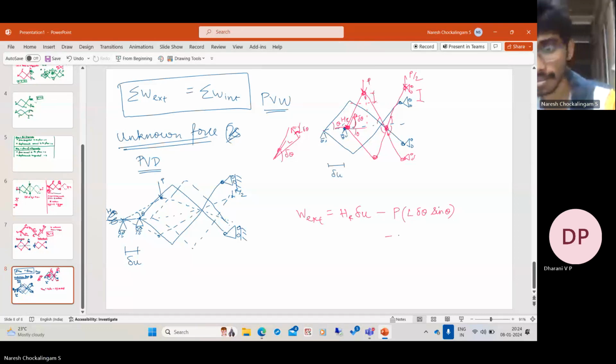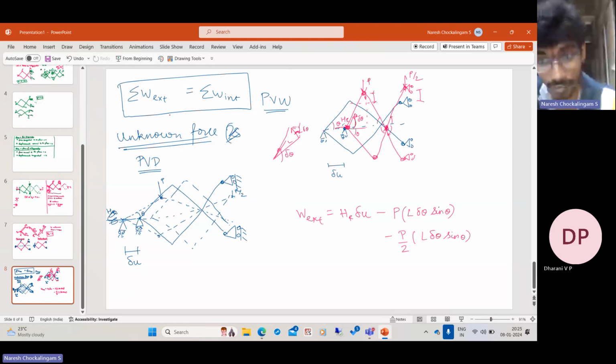It is also minus. So the force is P by 2, acting downwards. The displacement is up, so the work done is negative. This bar rotates about this point. The total length is 2L, but this is the center of rotation, so the radius is L, and the rotation is delta theta. Again, you have the same thing, delta theta sine theta.